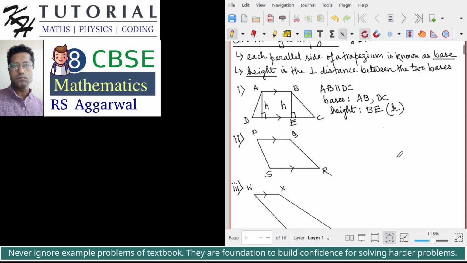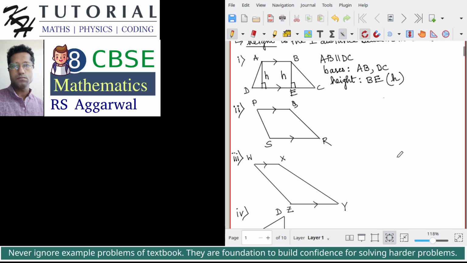With some example figures, I am trying to discuss what the bases and height of a trapezium are. For figure 2, as we can see in this trapezium PQRS, PQ is parallel to SR. So the two bases are PQ and SR. What will be the height of this trapezium?